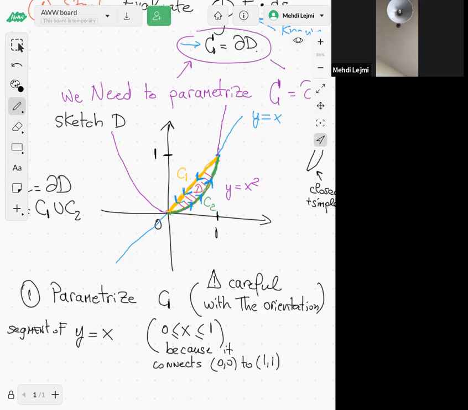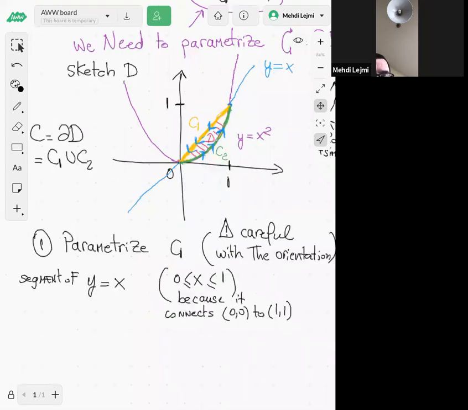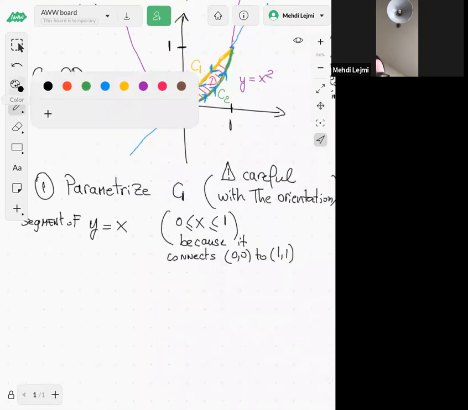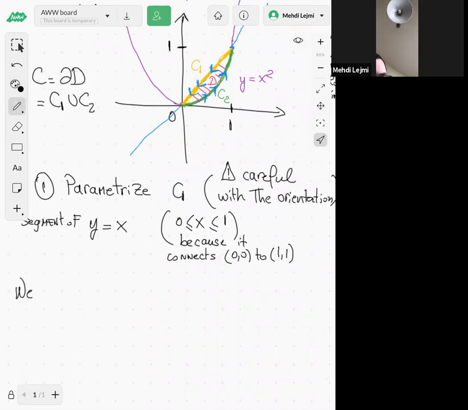A possible parameterization would be to say x is equal to t.